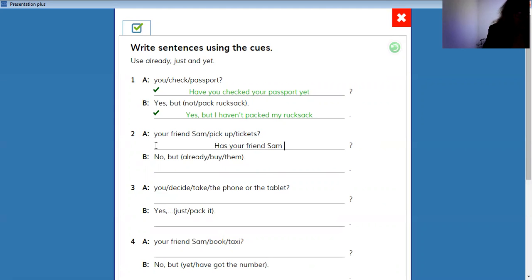One more. The verb is pick. This is a regular verb. You have to use ed. Pick up. Pick up the tickets. The tickets yet. Do you remember? At the end of the question, we have to use yet.